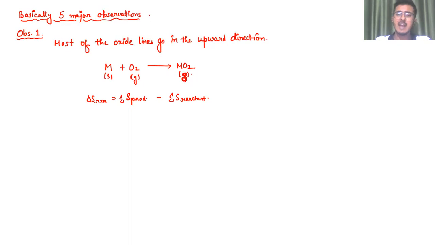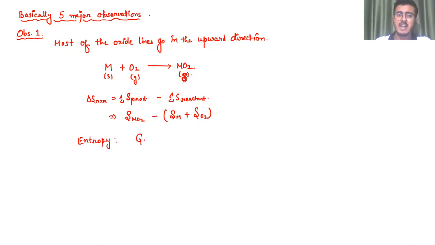Okay, so let us see what happens if I calculate the change in entropy of this reaction. The entropy of the product, the metal dioxide MO2, minus the entropy of your reactants, the entropy of the metal plus the entropy of oxygen. Now, what is the relation between entropy for different phases?